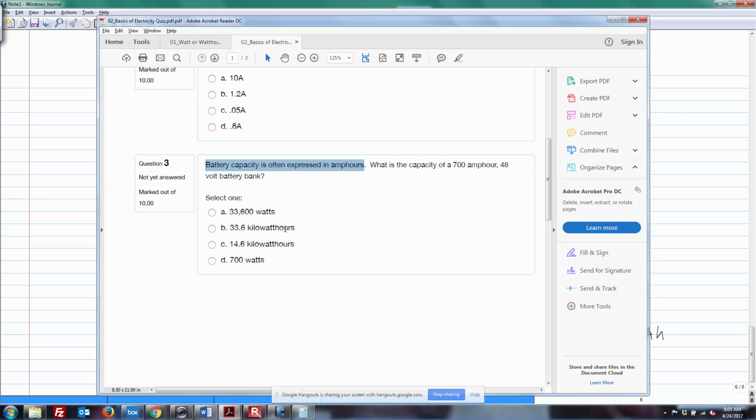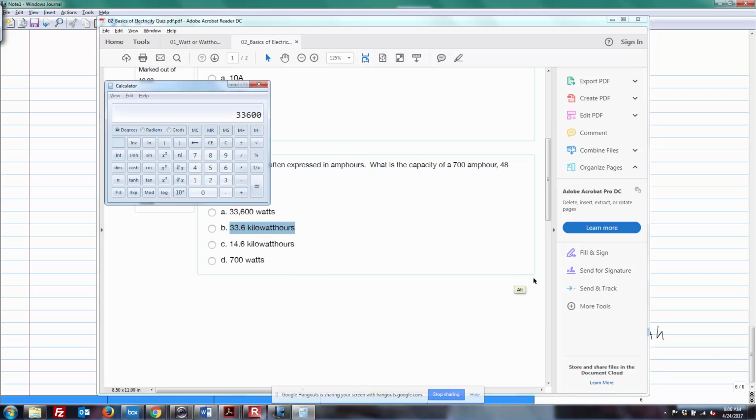And from that, this is the best answer right here, 33.6 kilowatt hours.